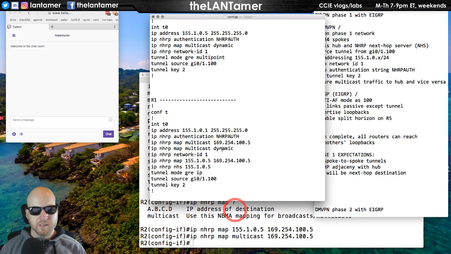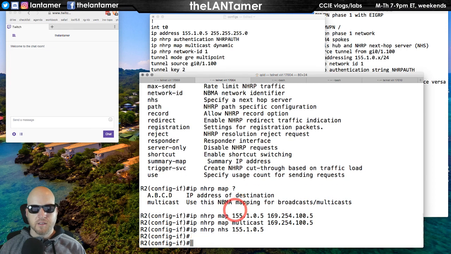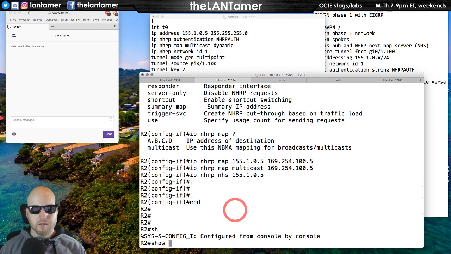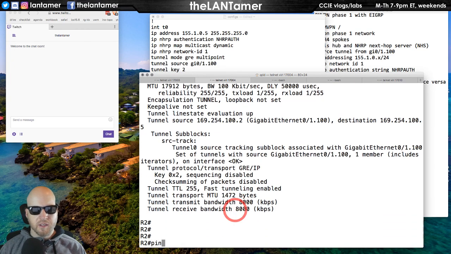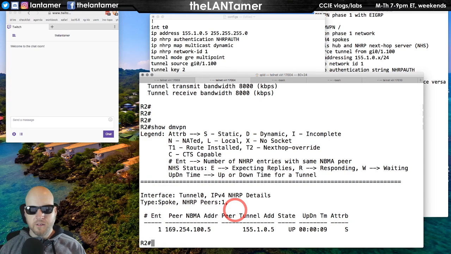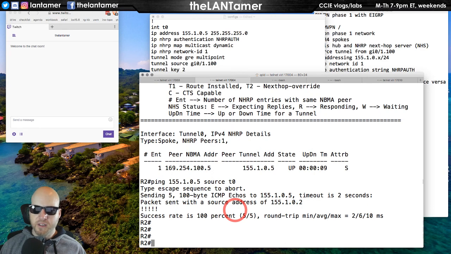Did authentication. Next hop server. Okay, IP NHRP NHS. All right, it is up. Ping. Show DMVPN. Good. S is static, right? Ping 15105, source T0. I would love to go back and look at my video and see what I did wrong, or if it just bugged out on me. I don't know.